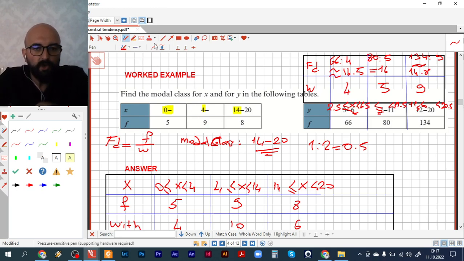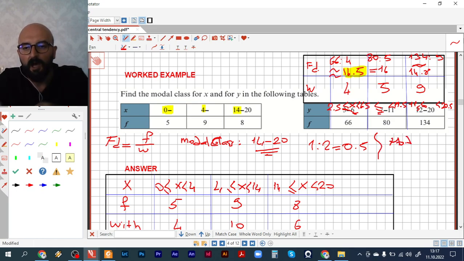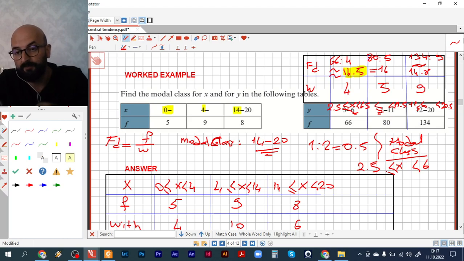The highest frequency density is 16.5, in the first group, so according to this table, our modal class is the first class: x greater than or equal to 2.5, less than 6.5.